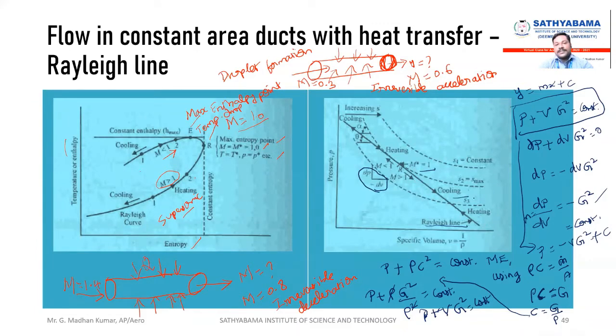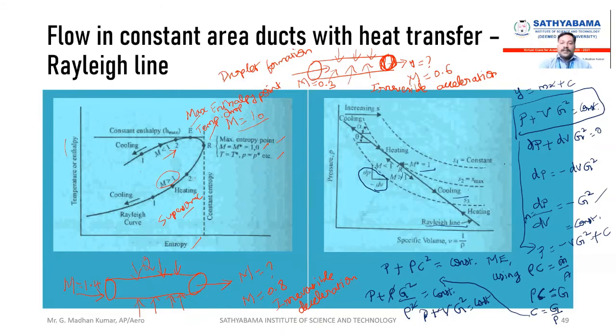Right? So this line represents the Rayleigh line with respect to critical flow, right? And this point is nothing but maximum entropy, S2 max, where it intersects the straight line, and that is called the maximum entropy.